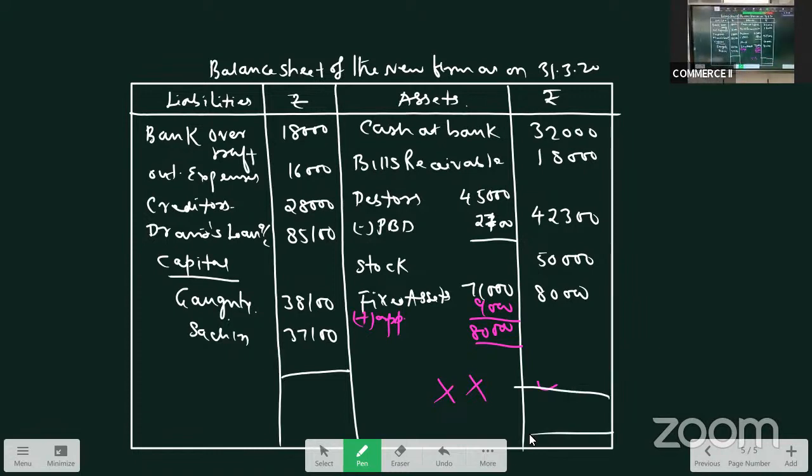Total on both the asset side and the liability side. Do the sum up.